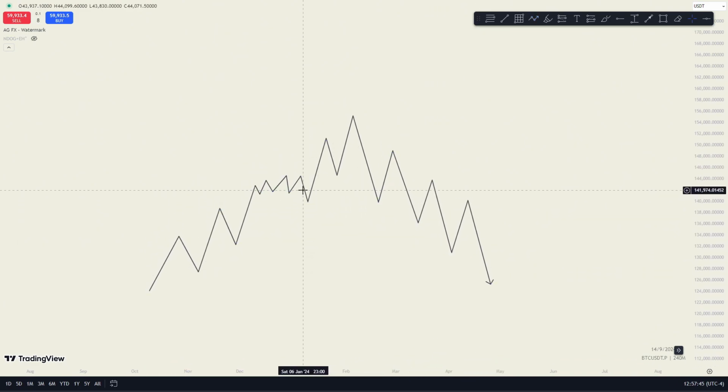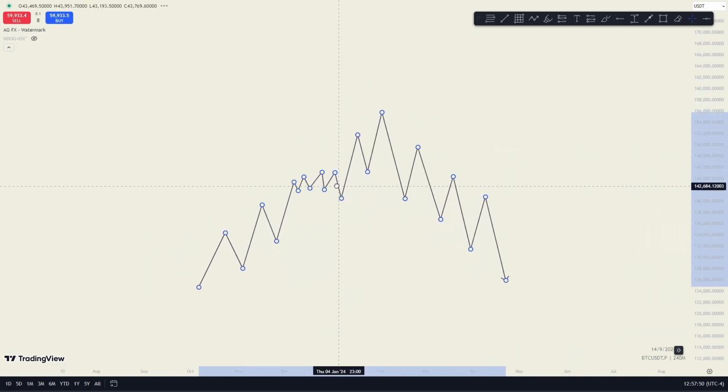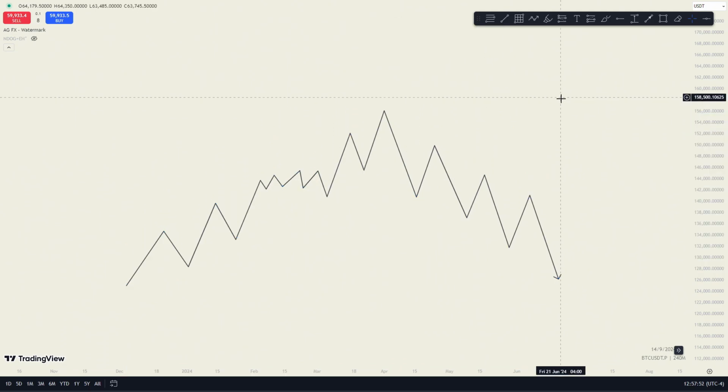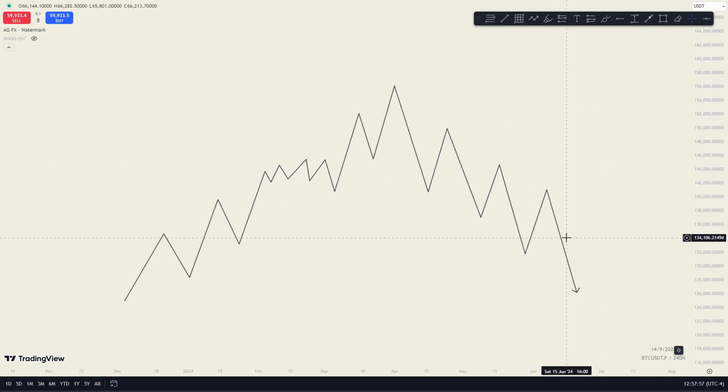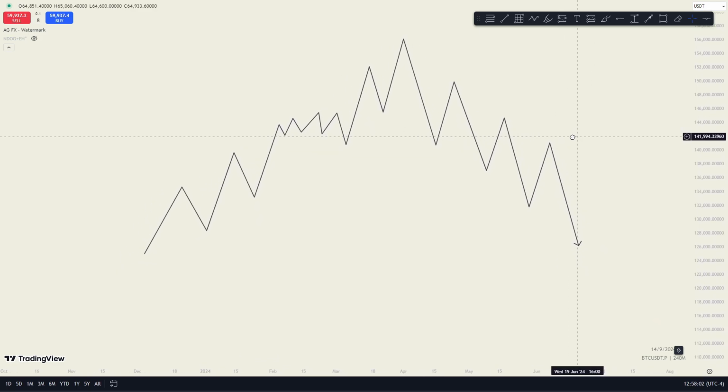This is a very weird schematic, but this is just a representation of price action. Obviously, it's always different, but to explain, we will use this, and then we will get to live examples.